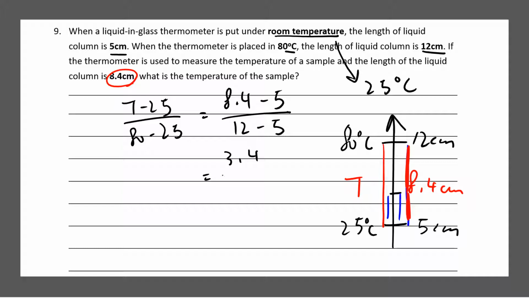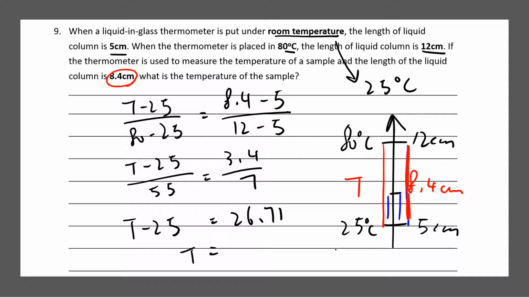It's 3.4 over 7 equals T minus 25 over 55. I'll skip all the calculations and then reach it. So you can find T minus 25 equals 26.71. And so overall, you can find that T equals 51.7 degrees Celsius. That's how you find the answer.